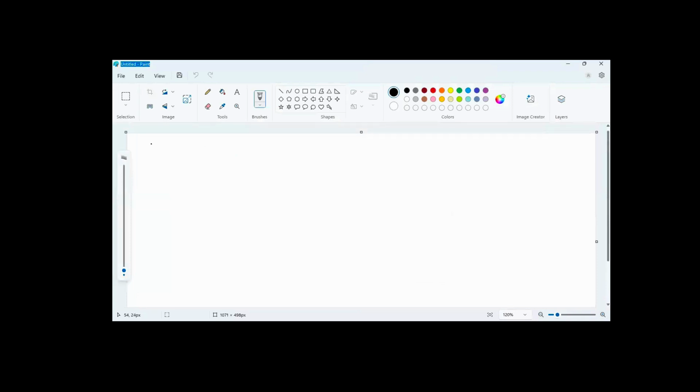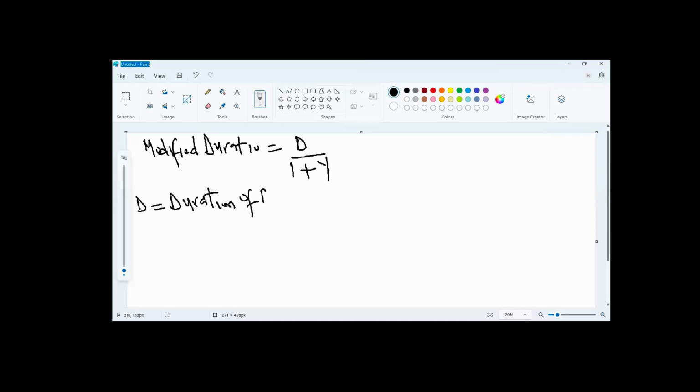Our modified duration is equal to D over 1 plus Y, or R, better still, let's use Y, where D is the duration of the bond, and Y is your YTM, yield to maturity.